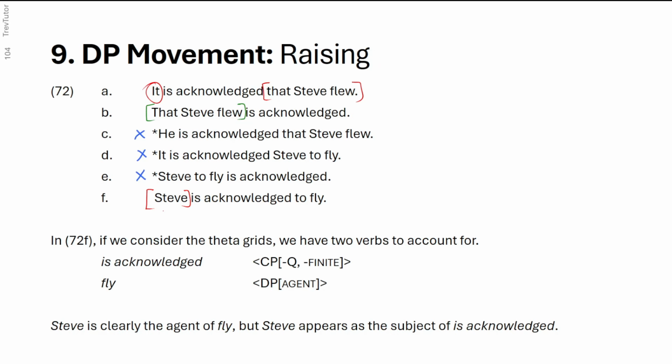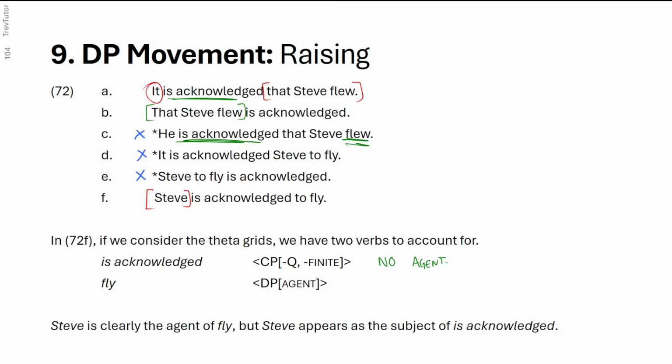Now, if we think about these sentences, they have two verbs. They have two predicates. They have is acknowledged, and then they have fly. Now, let's think about this. For is acknowledged, we can just say it is acknowledged that something happens. So is acknowledged is not assigning an agent in this case.